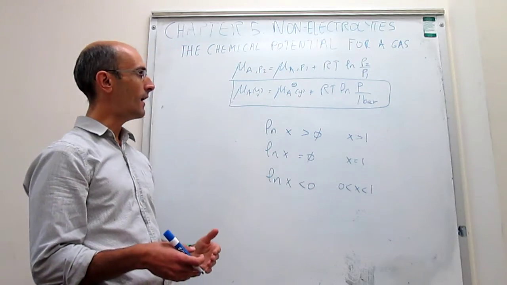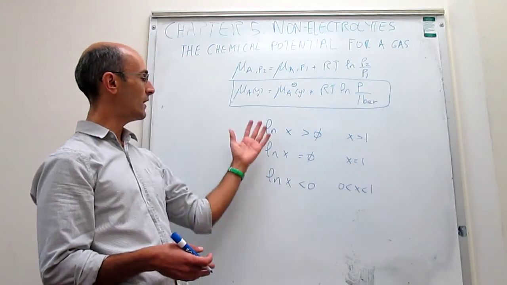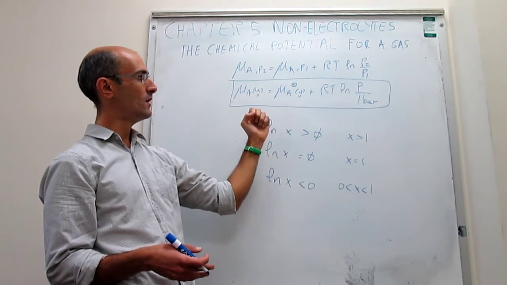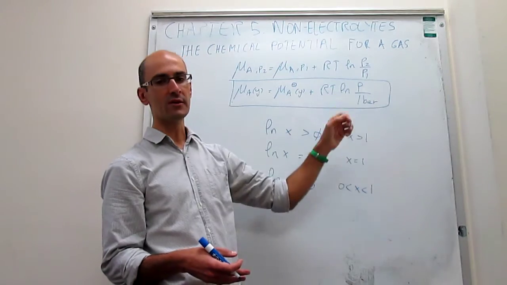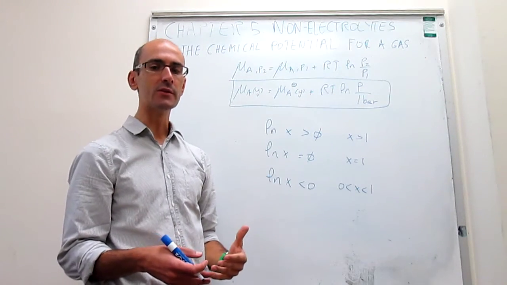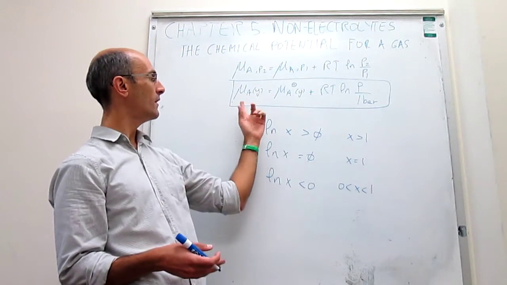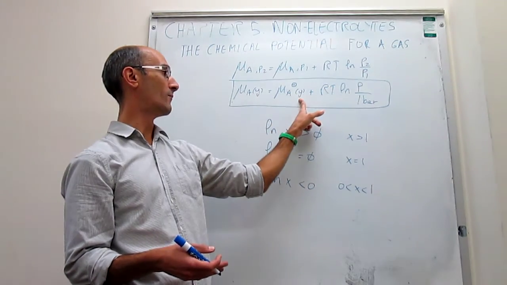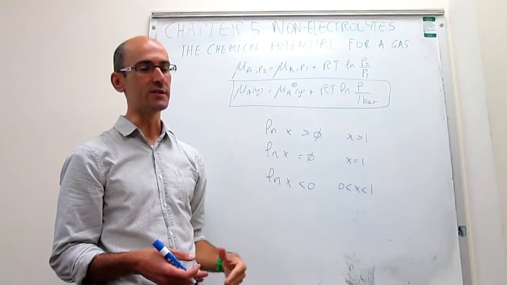Okay? Likewise, we can now assume what happens to this chemical potential, what is the comparison between these two terms when you make the partial pressure less than 1 bar. Okay, so let's assume that we're interested in comparing the chemical potential at half bar to the chemical potential at the standard state, which is 1 bar.